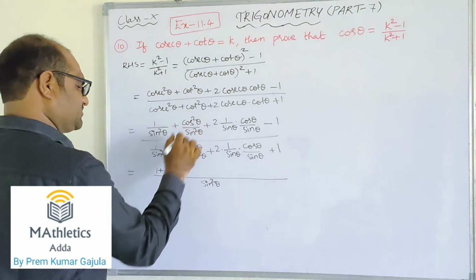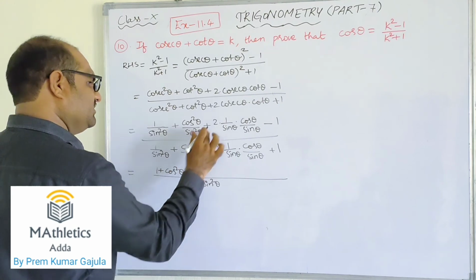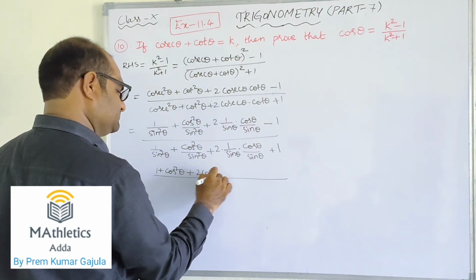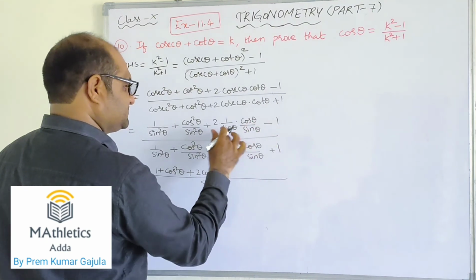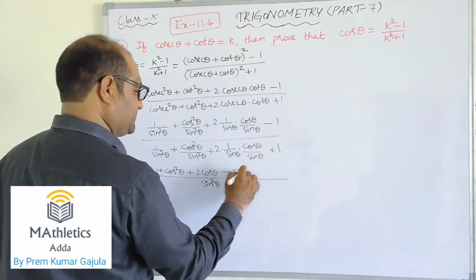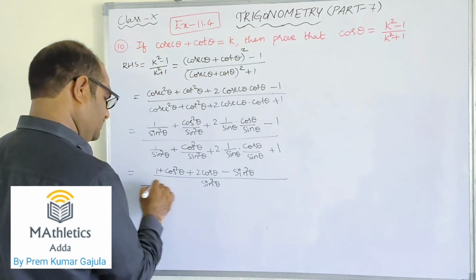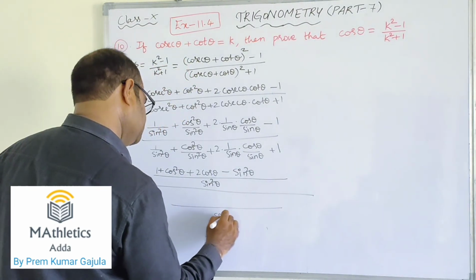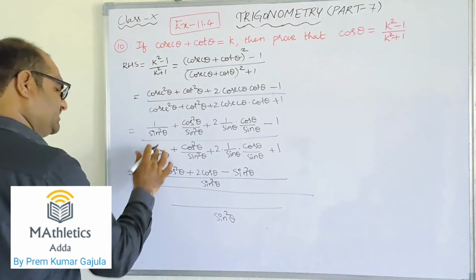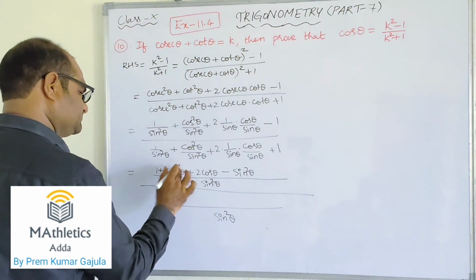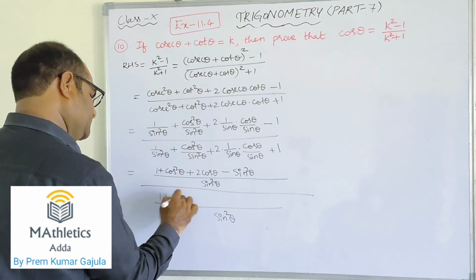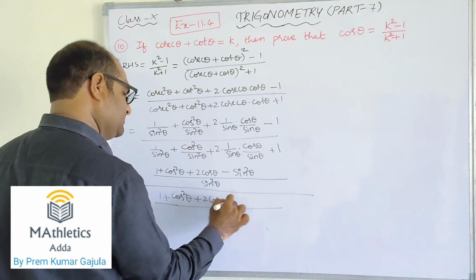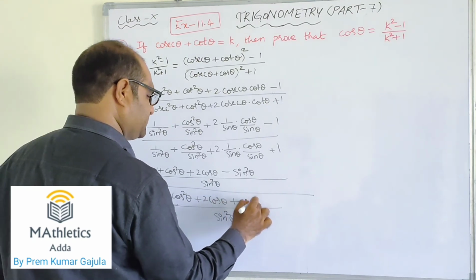So write 1 plus cos square theta plus 2 cos theta minus sin square theta, whole by, similarly here also you will get the sin square theta denominator. So here you will get 1 plus cos square theta plus 2 cos theta plus sin square theta.